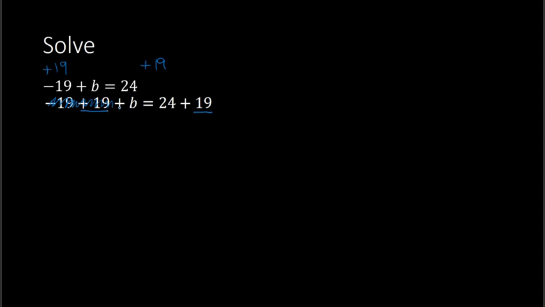So b plus 0, or b, would be on the left side. And then on the right side, we have 24 plus 19, which is 43. So my solution is 43. And I could double check by plugging 43 back in for b. I would have negative 19 plus 43, which would indeed equal 24. So that solution is correct.